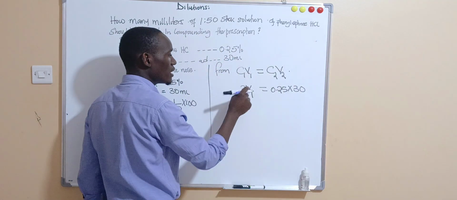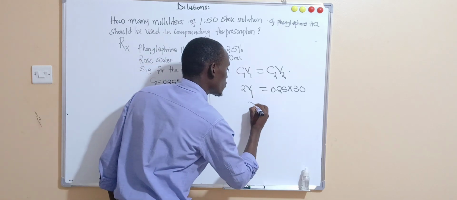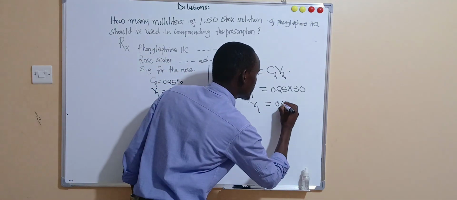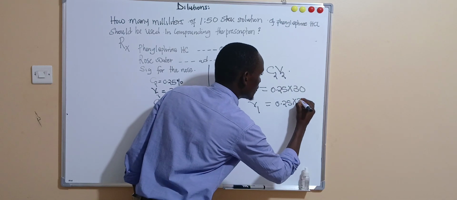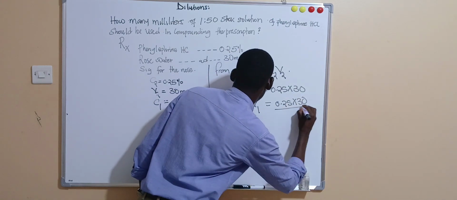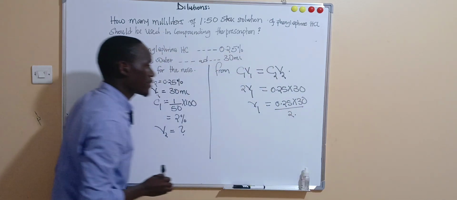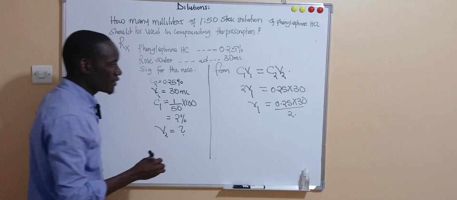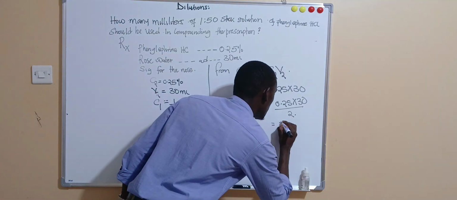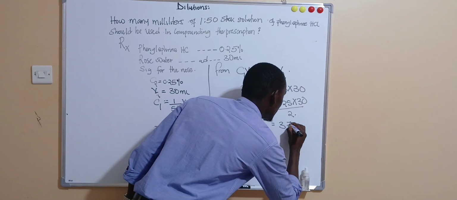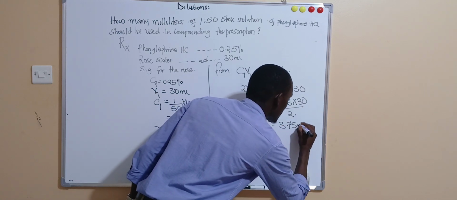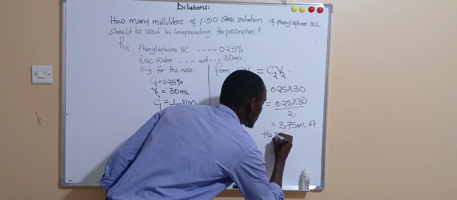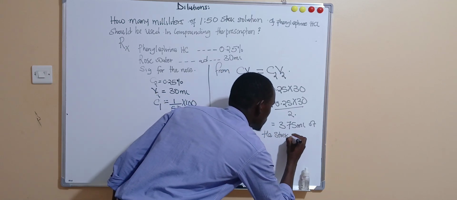When we make V1 the subject of the formula, we shall have V1 equal to 0.25 times 30 over 2. And this will give us 3.75 mils of the stock solution.